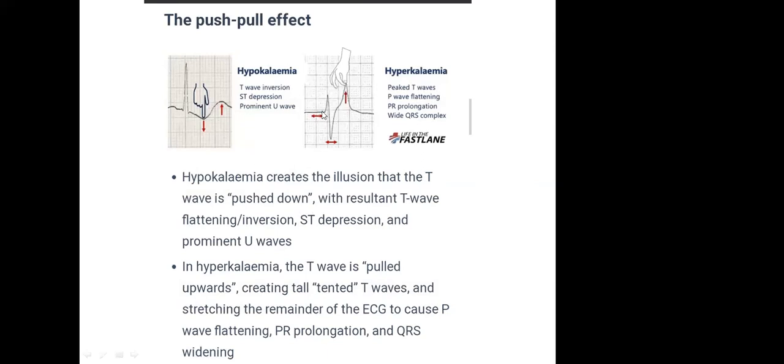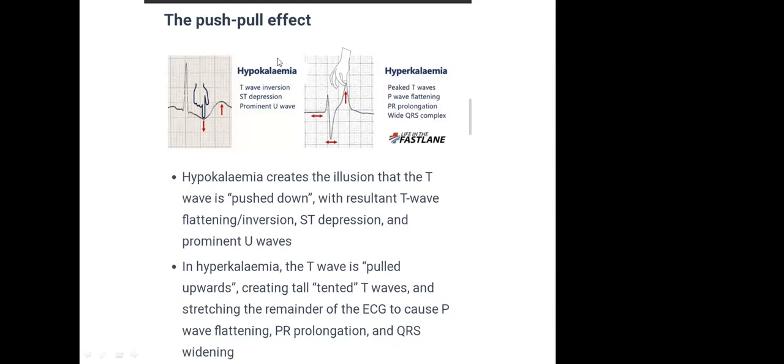Now we will see there will be absence of P wave. There will be prolongation of PR interval resulting in poor conduction through AV node. There will be broadening of QRS complex. So PR prolongation, wide QRS complex, peaked T wave with P wave flattening is characteristic of hyperkalemia.